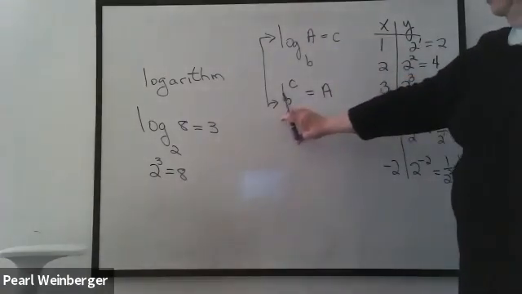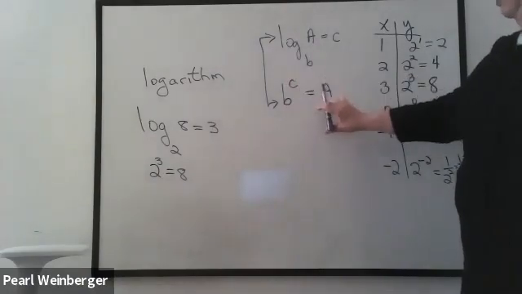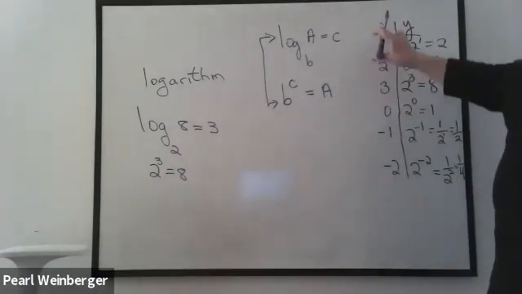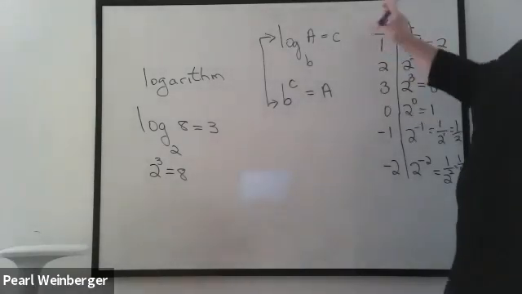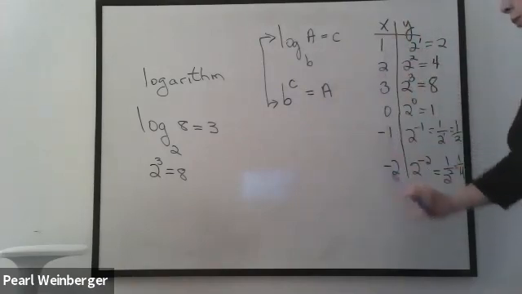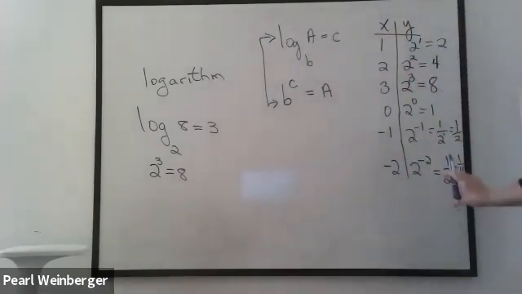In this perspective, usually what we're given is the base and the exponent, and we try to figure out the number a. That's what we were doing over here. I gave you the base. We knew the base over here was 2. And I gave you the exponent. Those were our x's, and I found the value a.